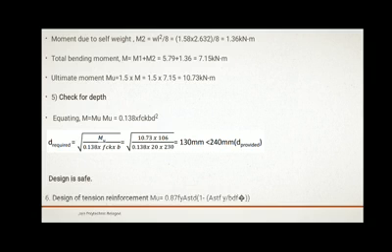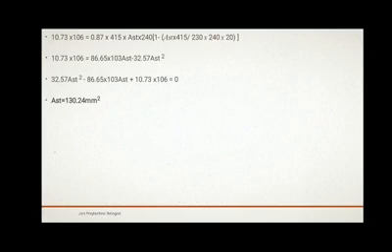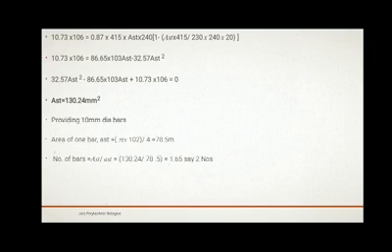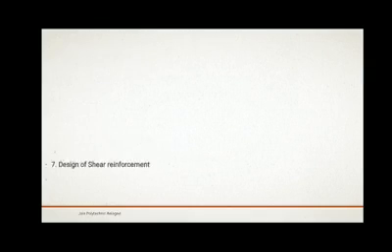Hence the design is safe. So design of the tension reinforcement, that is AST. Substituting the values in the equation, we get 130.24 mm square. Providing 10 mm diameter bars, we get 78.5. Therefore number of bars is equal to 2 numbers.